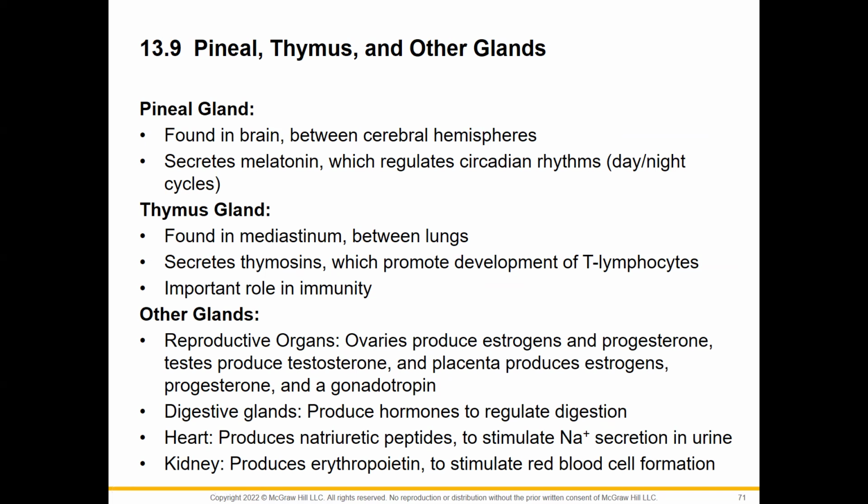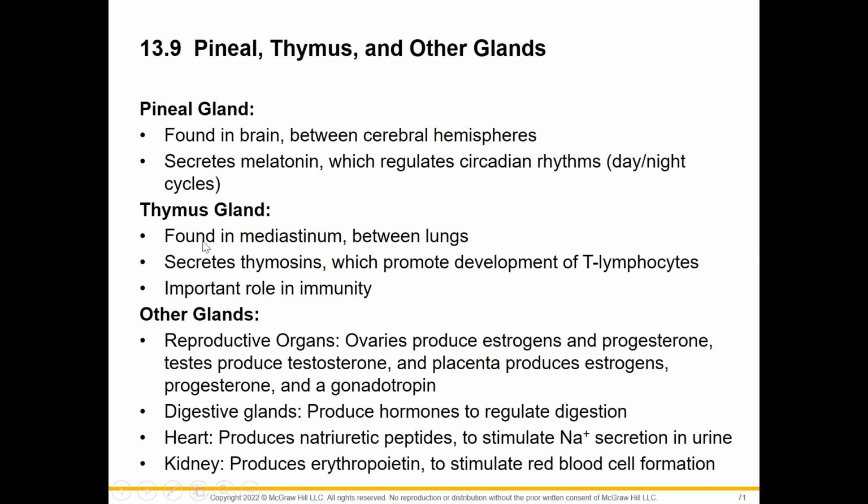The circadian rhythm is your sleep-wake cycle. All right. So, as the sun goes down, your body starts to recognize that there is a decrease in light, and that will increase melatonin production, which is why you start to get sleepy when the sun goes down.